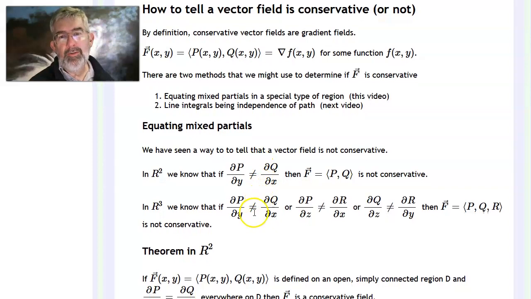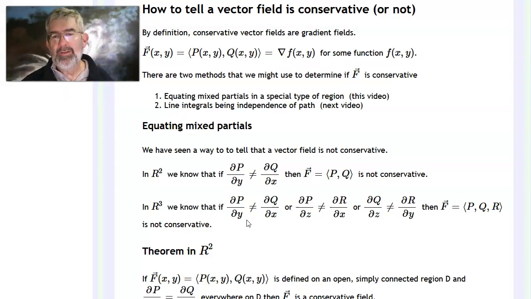Likewise, in R3, if you've got the vector field being PQR, right? So P would be the partial derivative of f with respect to x, Q would be the partial derivative with respect to y, R would be the partial derivative with respect to z, and various mixed partials would have to be equal. So the partial of the first part with respect to y would have to be the partial of the second part with respect to x, or the first with respect to z would have to be the third with respect to x, or the second with respect to z would have to be the third with respect to y, right?